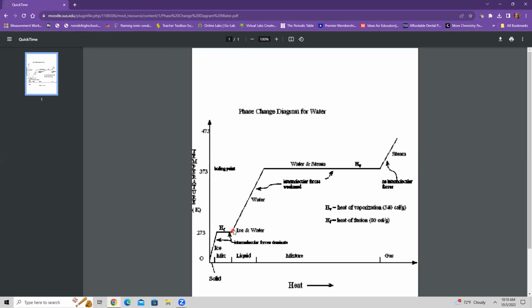All right. And then if you notice the steep slope right here, that indicates that this change happens rapidly. And it makes sense because you're not breaking those intermolecular forces. You're just weakening them just a little bit. They dominate here, though.